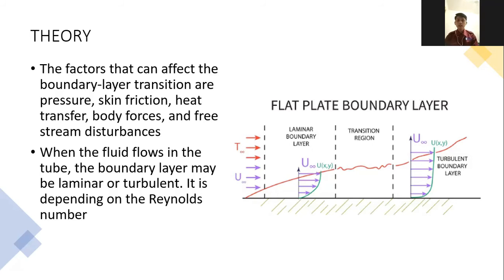When the Reynolds number is lower, the boundary layer is laminar and the velocity changes consistently. But when the Reynolds number is higher, the boundary layer is turbulent and the velocity is unsteady. Mostly in real situations, the boundary layer will develop or grow along the flat surface.